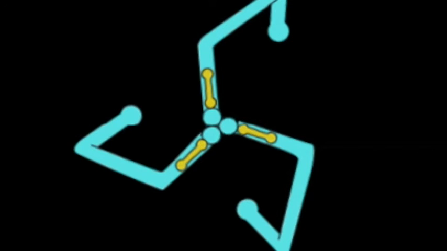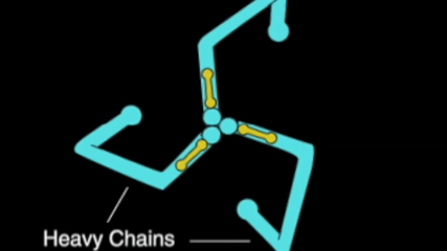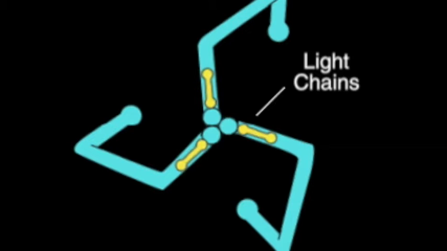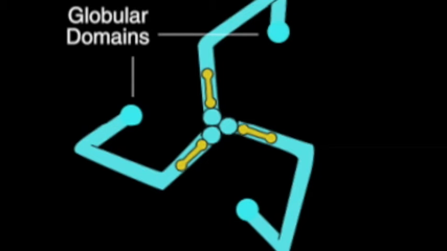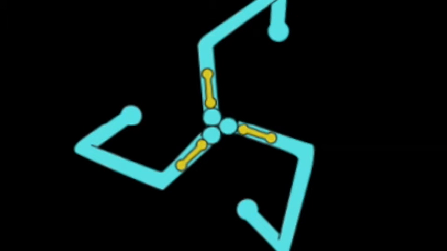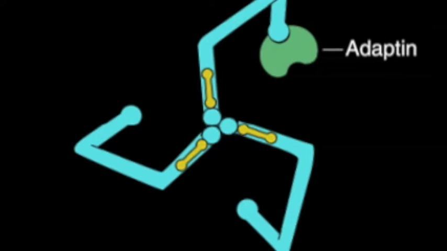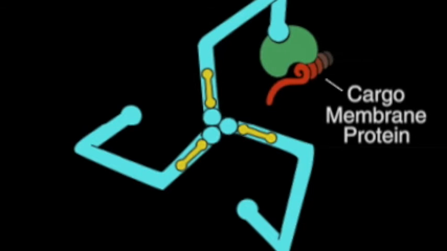In the electron microscope, individual clathrin molecules can be seen as three-legged structures called triskelions. Each triskelion contains 3 heavy chains and 3 light chains. When a clathrin coat forms on a membrane, the globular domains that make up the tips of the heavy chains bind to adaptins, which interact with cargo membrane proteins.